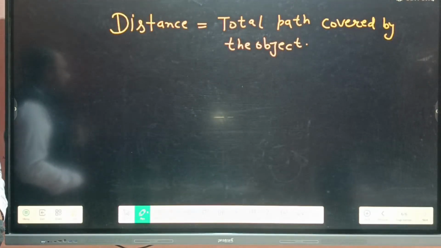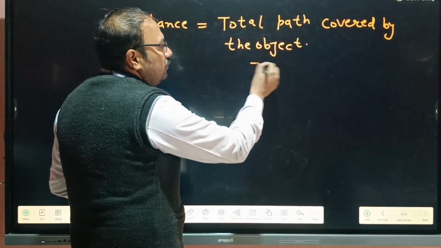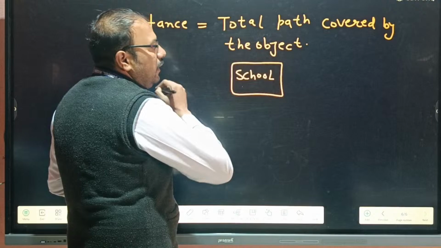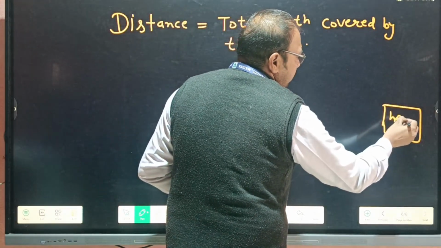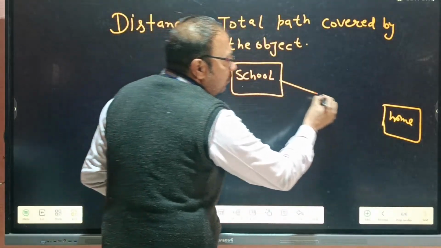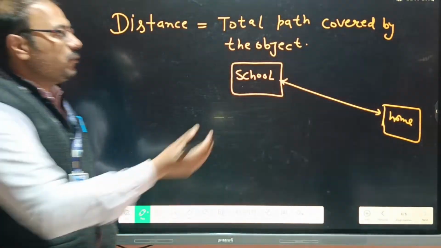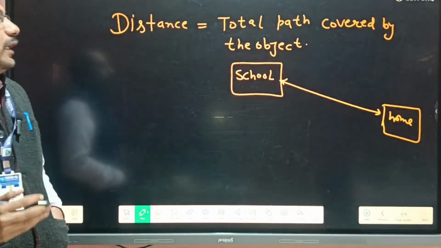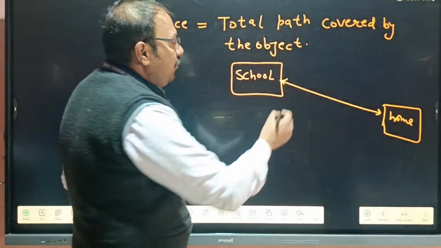So for example, this is school, and this is your home. How much distance is covered from school to home? How much path is covered between school and home? This is known as distance. Say this is 1 kilometer.